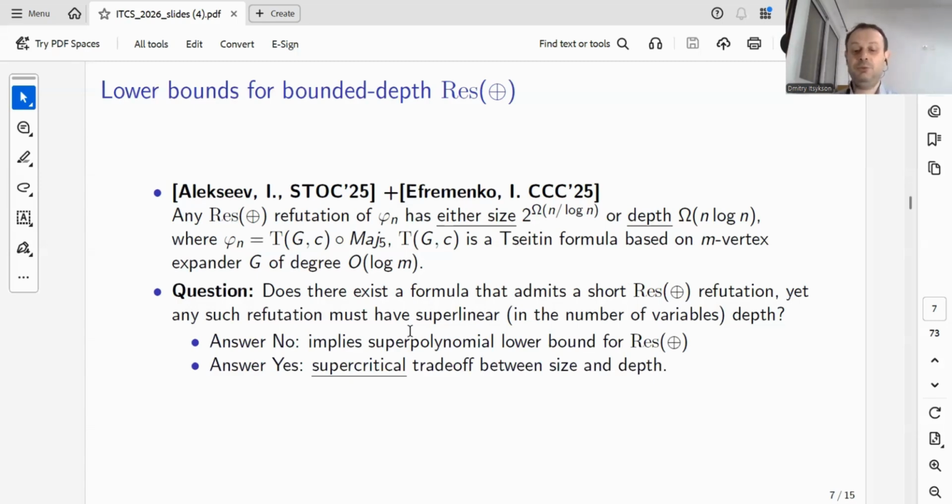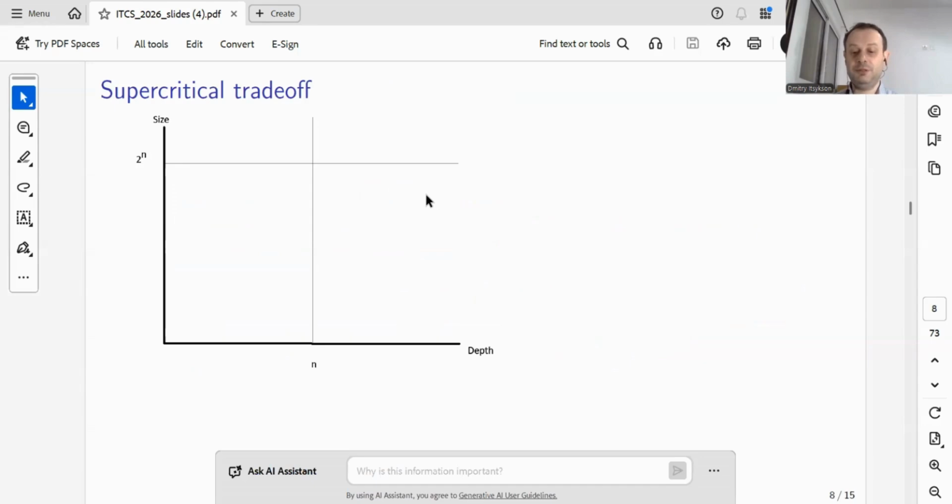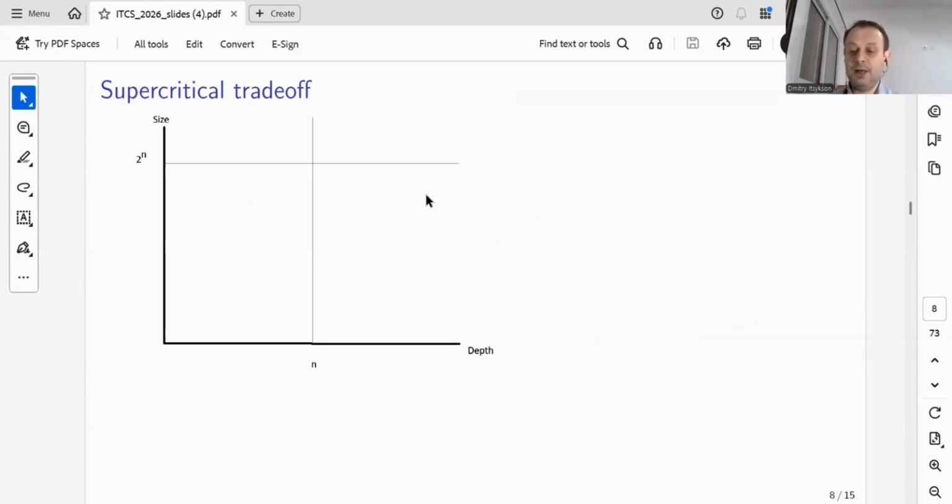Let us explain what we mean by a supercritical trade-off. Consider a plot where on the x-axis we have depth and on the y-axis we have size. There is a worst-case upper bound n on depth and 2 to the n on size. A plain trade-off usually states that we cannot optimize both parameters simultaneously.